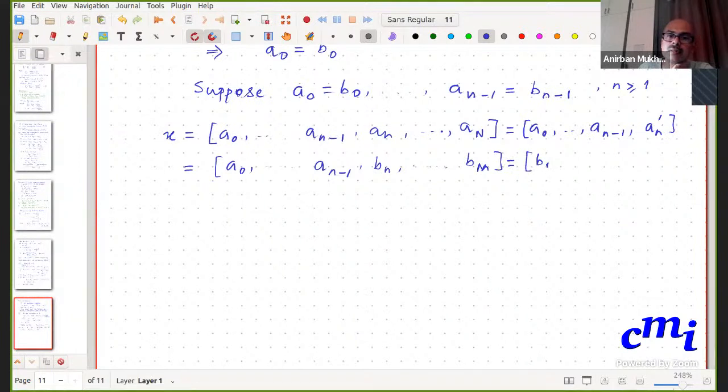And this is b naught to bn minus 1 and bn dash. So the lengths of an dash and bn dash are different. Apparently, we haven't proved anything.